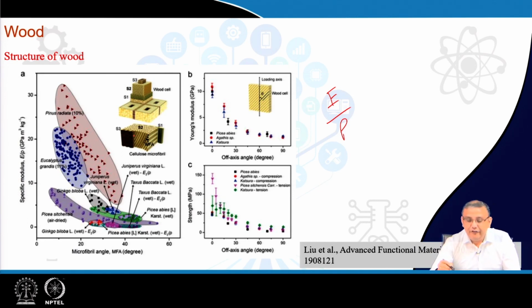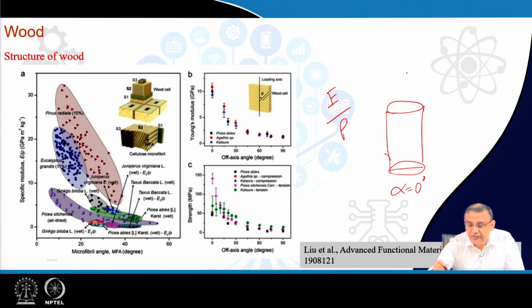If we take a wood like this, this is the situation for the angle, if we take the angle as alpha, equal to 0 degree. This is our loading direction, and this is the main axis of the trunk.